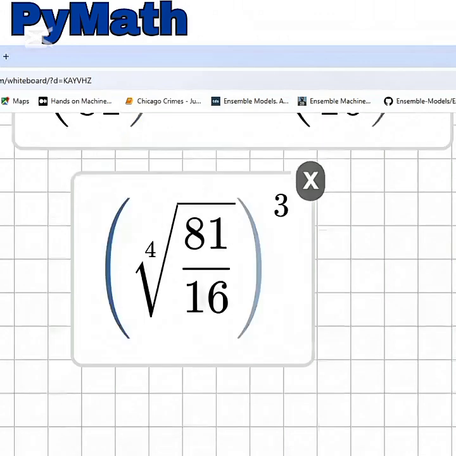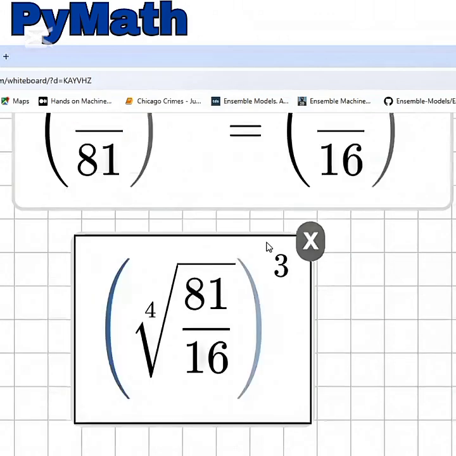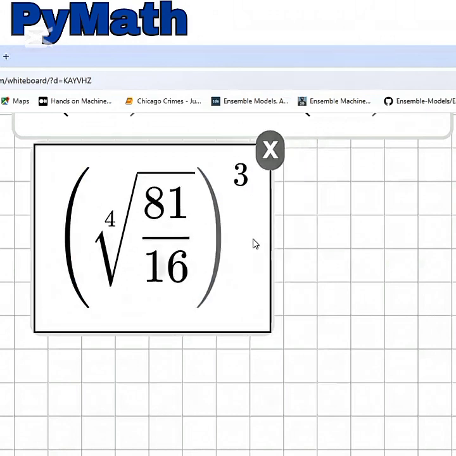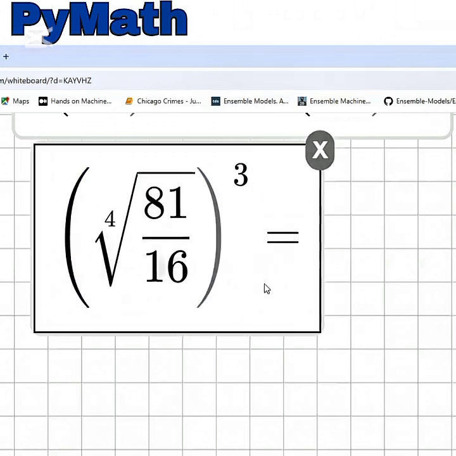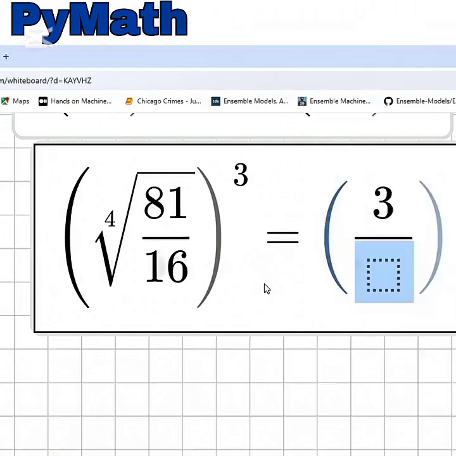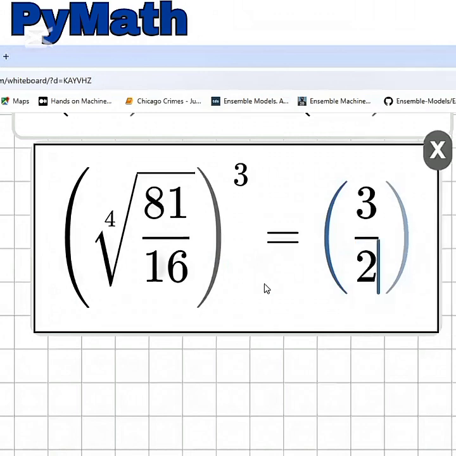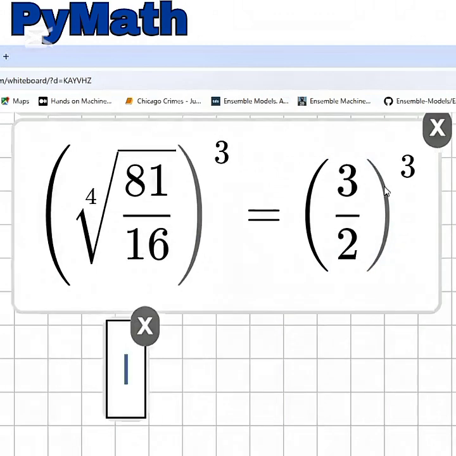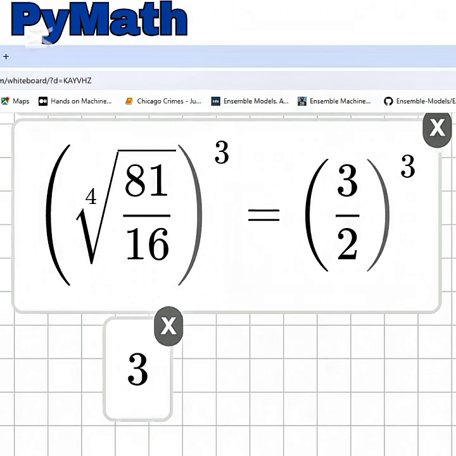The fourth root of 81 is 3, and the fourth root of 16 is 2. Everything is raised to the power of 3. Opening up this bracket, we have 3 to the power of 3 over 2 to the power of 3.